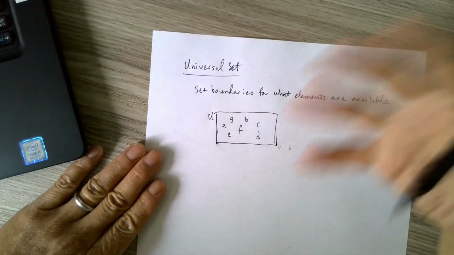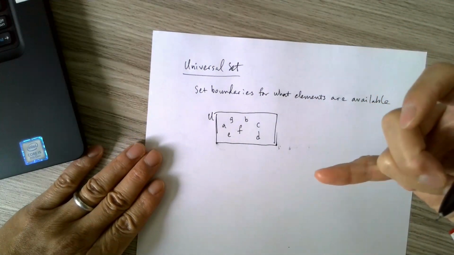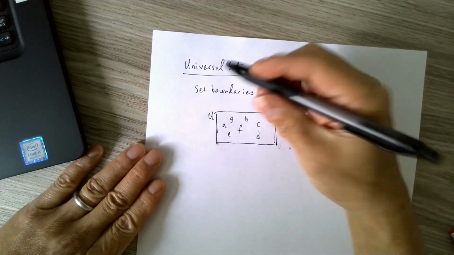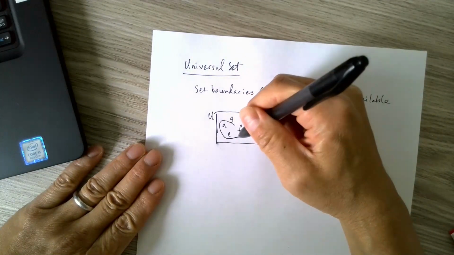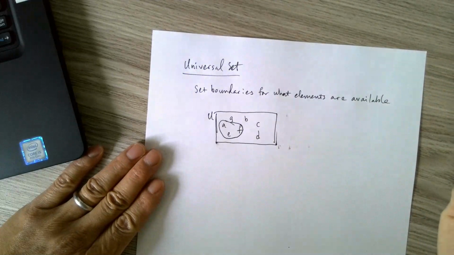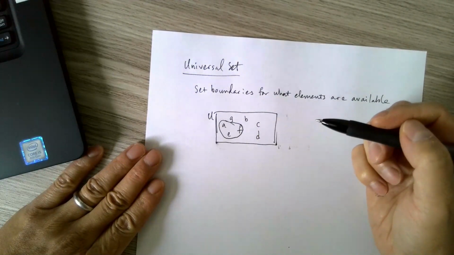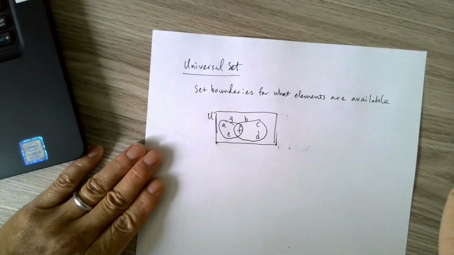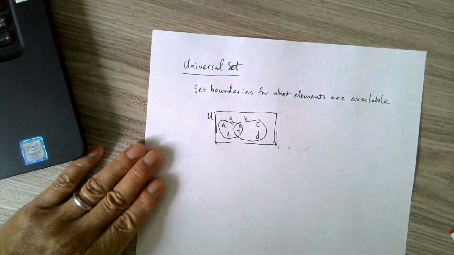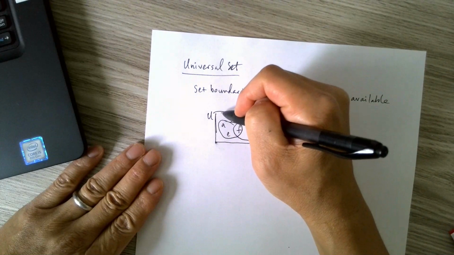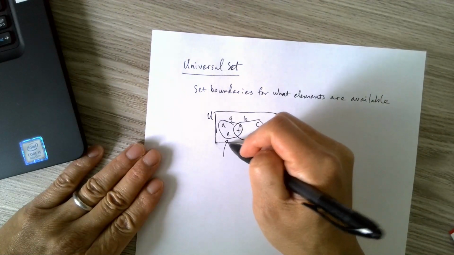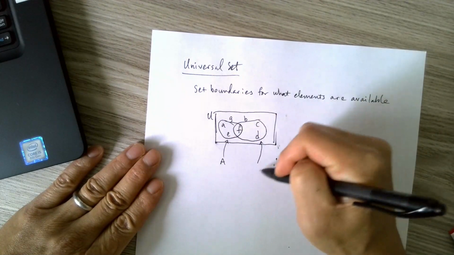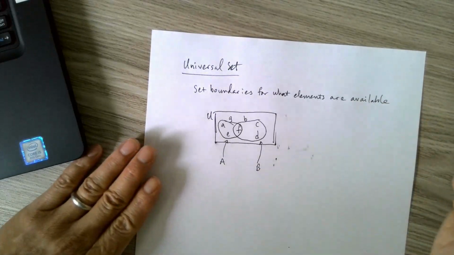And I'm going to create some sets that contain some of these elements. So here I'm going to have a set that contains A, E, F, and I'm going to have another set here that contains C, D, F. And I'll call this one set A, and I'll call this one set B.